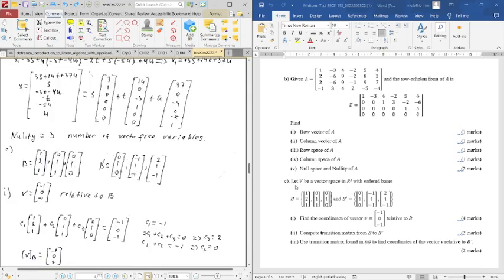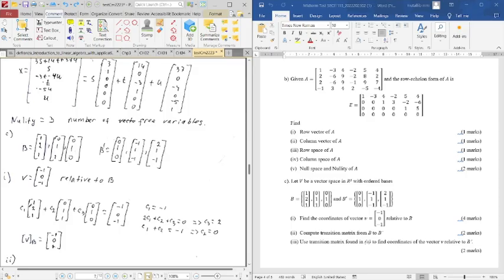For question C, we are given a basis B, and its ordered basis B prime is also given. First we need to find the coordinates of the given vector V relative to B. To find the coordinates of a vector relative to a given set of vectors, you need to write it like this: C1 V1 plus C2 V2 plus C3 V3 equals the given vector.